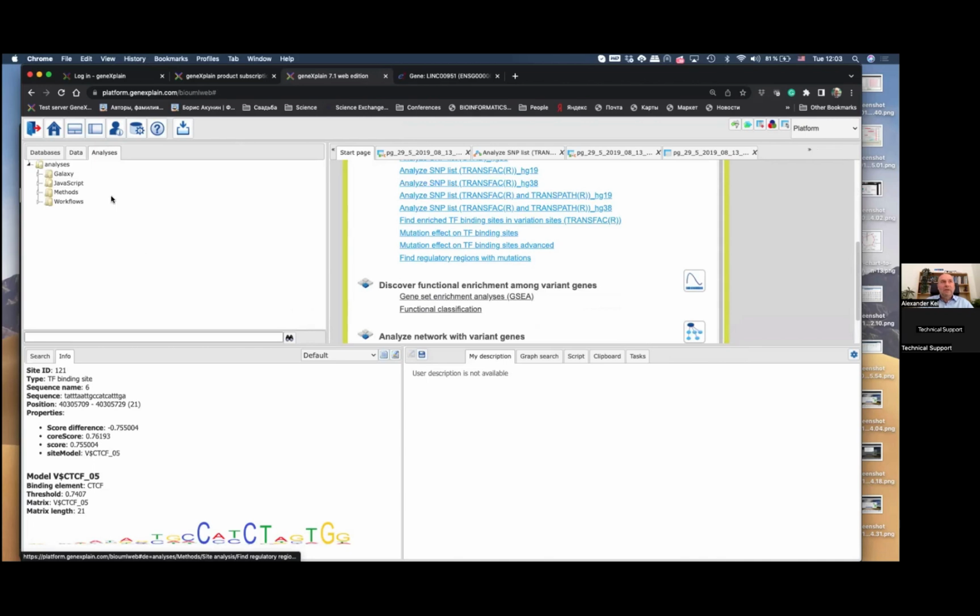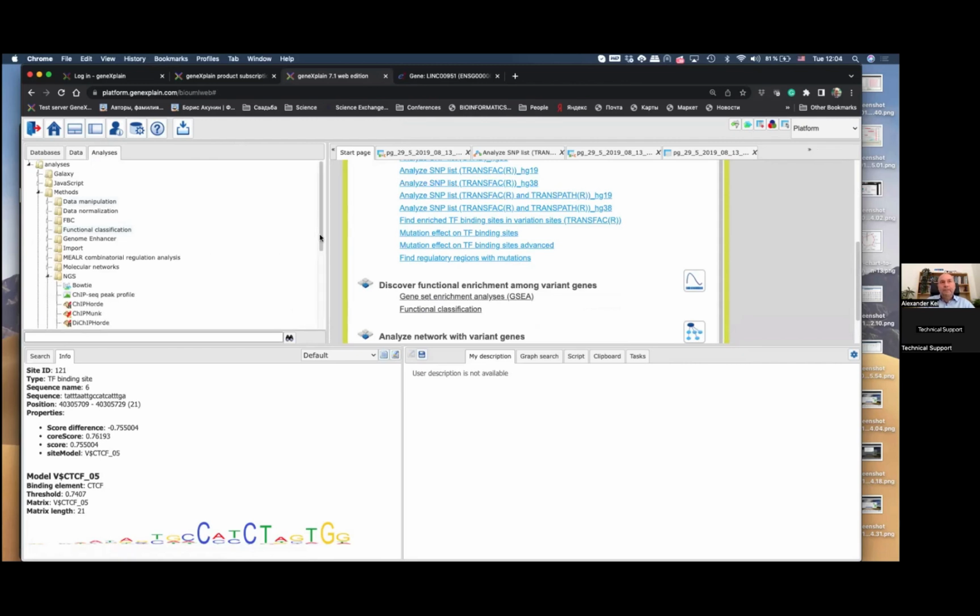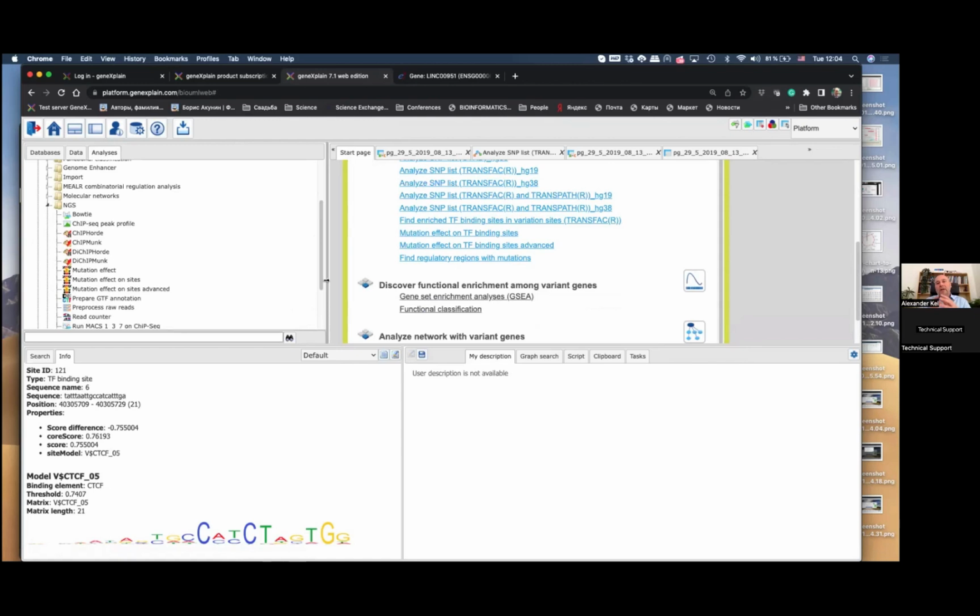To find it, you have to go to analysis methods, individual methods, and go here to NGS analysis, because this tool is mainly used in studies of VCF files. When you have a lot of SNPs of interest, not just 700, where you can make really good statistics. That tool is called mutation effect on sites.